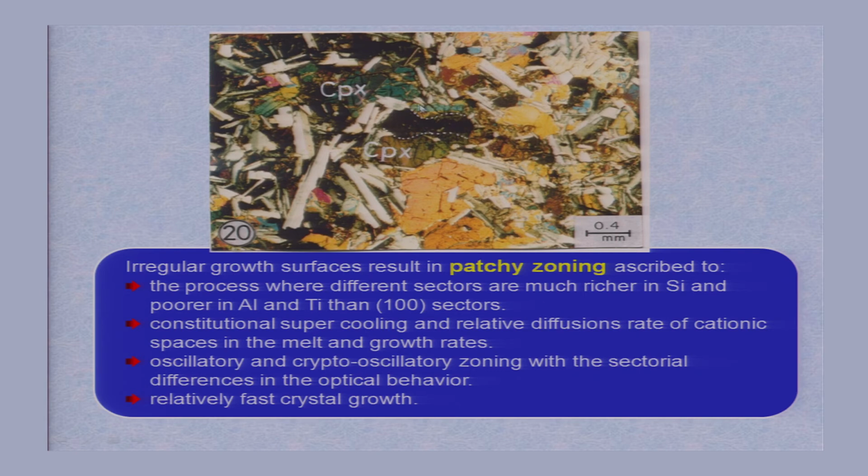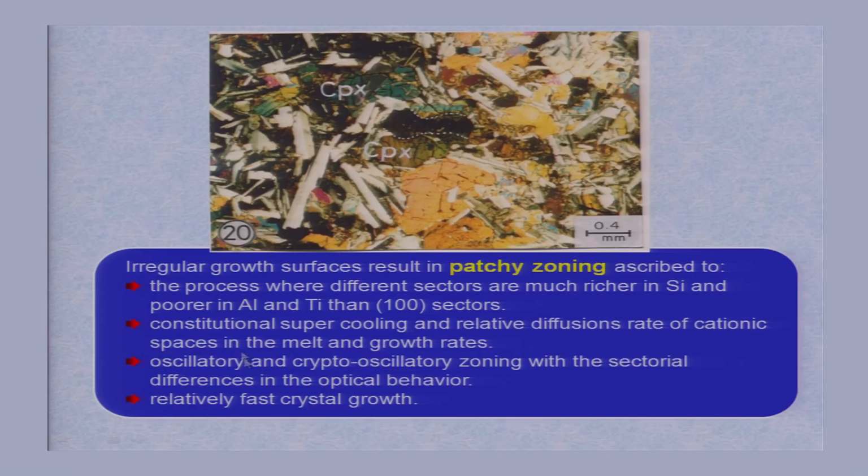When you rotate the stage, you may find this crystal behaves differently optically. And the last implication is relatively fast crystal growth. This kind of patchy zoning is attributed to fast crystal growth. If you find such features in any unknown rock, these are the four important reasons that may contribute to the formation of the rock.